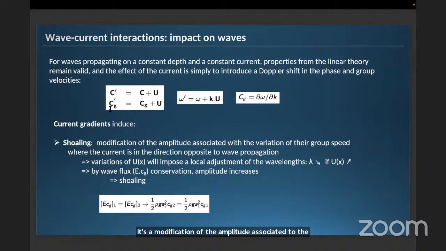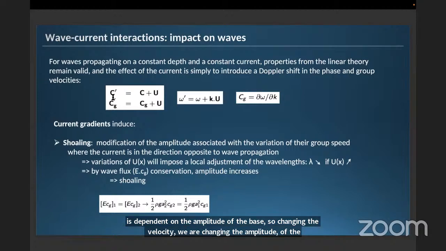So if we change the group velocity, as we need to have a wave flux conservation, so typically the wave flux is the energy of the waves times the group velocity, if we want to conserve this energy flux, obviously, if the group velocity changes, we need to change the amplitude, as the energy is dependent on the amplitude of the waves. So changing the group velocity, we are changing the amplitude of the waves.